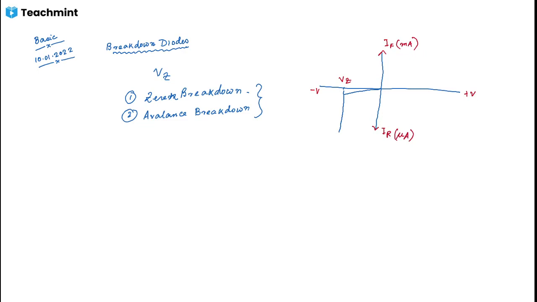So this is the reverse bias side, and this is the forward bias. This is called the breakdown mechanism.